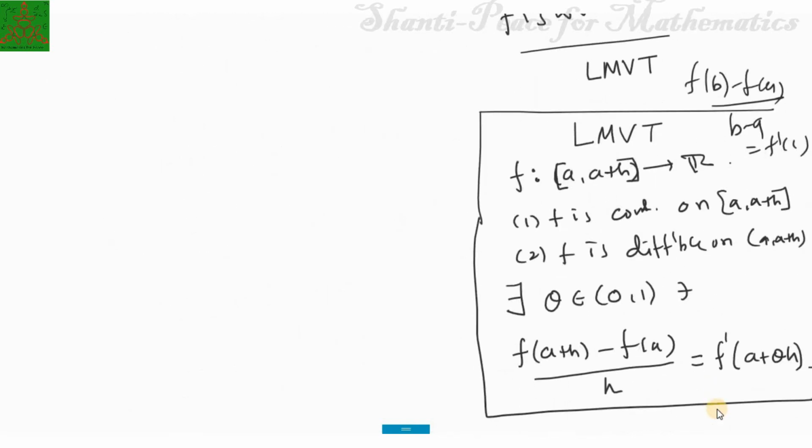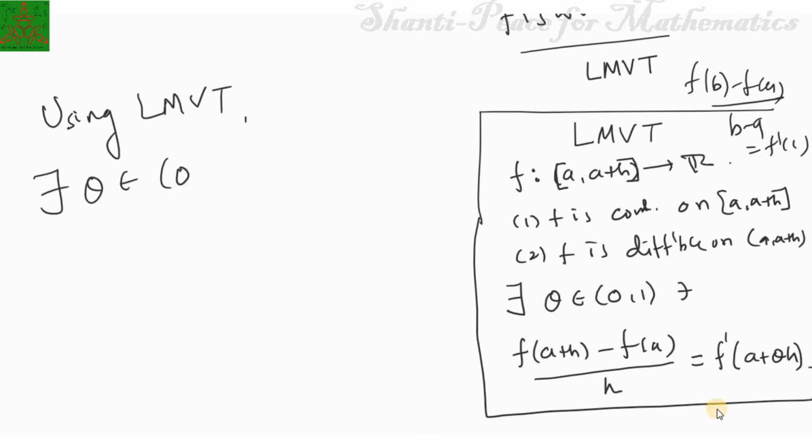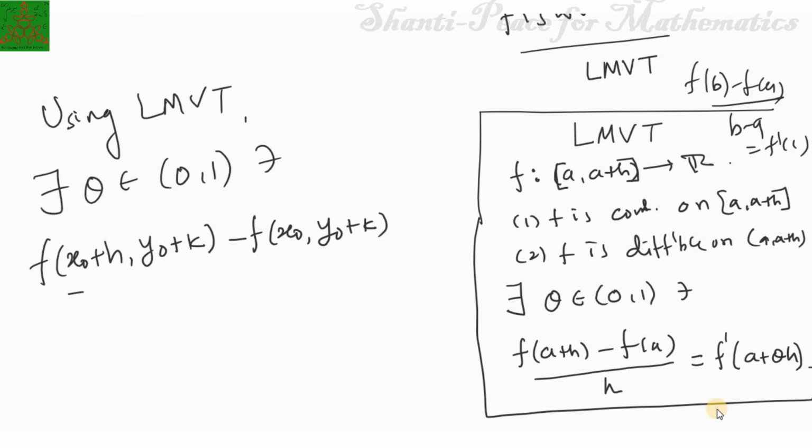So using LMVT, we say that there exists some theta in the interval (0, 1) such that (f of (x0 plus h, y0 plus k) minus f of (x0, y0 plus k)) upon h is equal to fx at (x0 plus theta h, y0 plus k).